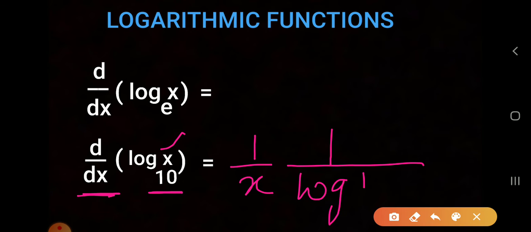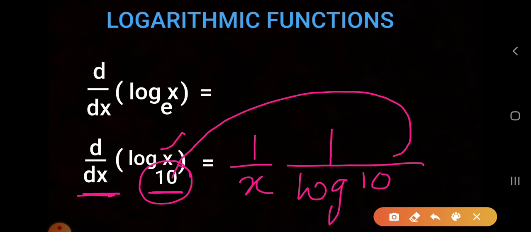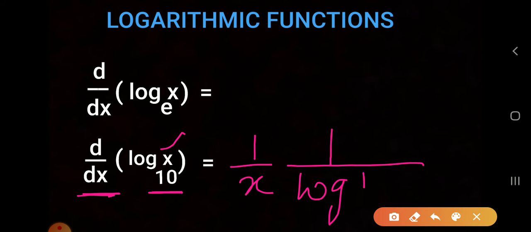Otherwise, if it is any base, if it is 2 or 3, you should write 2 here, or if it is 3, you should write 3. Here we have 10, so I'm writing 10.